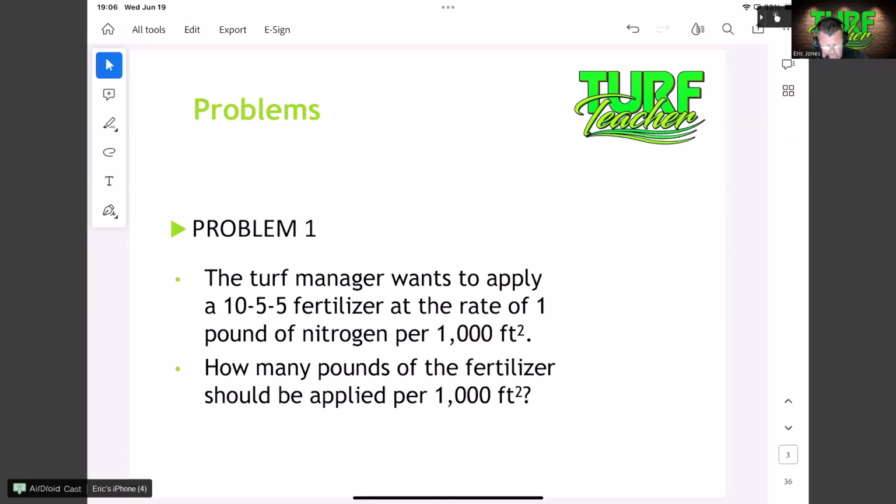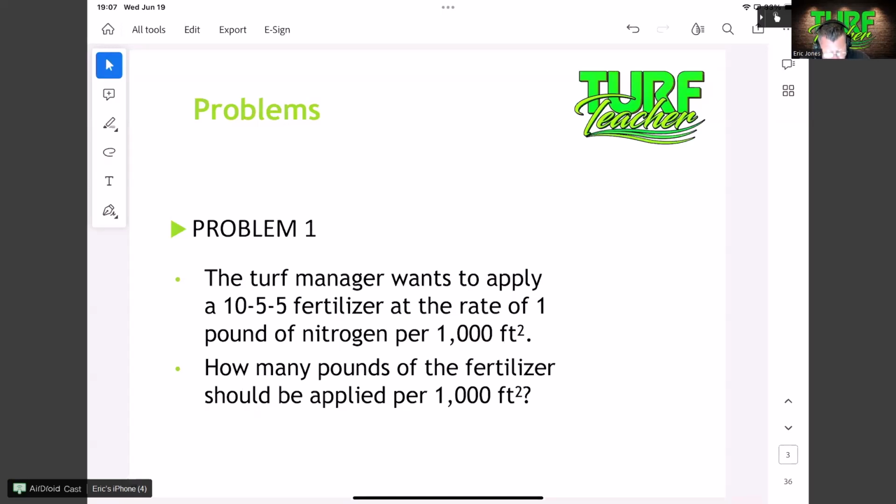If you do your math at the beginning of the year and you know what each one of your chemicals is per 1,000, it's real easy to do quotes and estimates. It's real easy to do your invoicing, how many square feet you've done. It's a matter of figuring out what it costs you. So how many pounds of this fertilizer should be applied per 1,000 square feet?